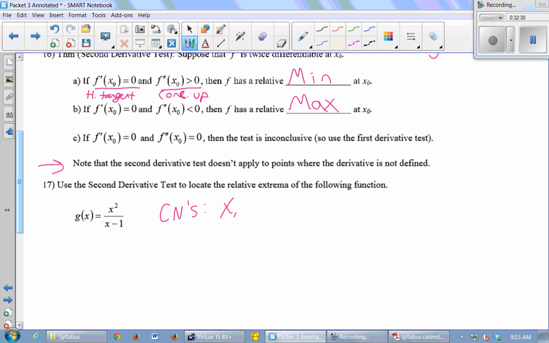So x equals 0, 1, and 2 are my critical numbers, but I can't apply the second derivative test to x equals 1, because that's where my derivative was undefined. It makes the denominator of the derivative 0.